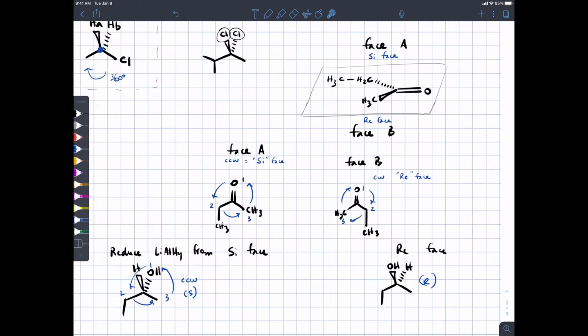In many cases, this is done using catalysis, where you have a small amount of a chiral reagent that generates a lot more of one enantiomer than another in a product. Okay. So that's enantiotopic.